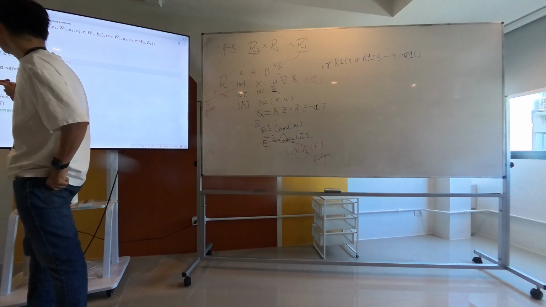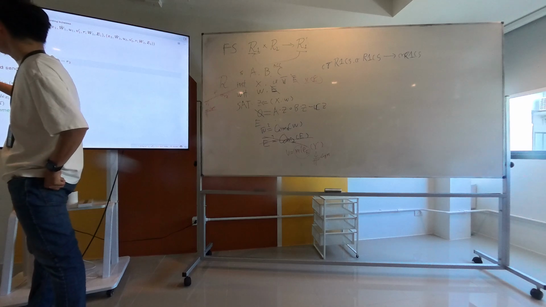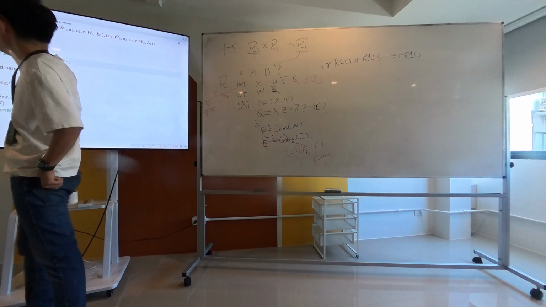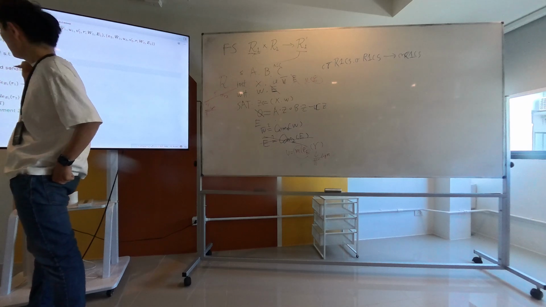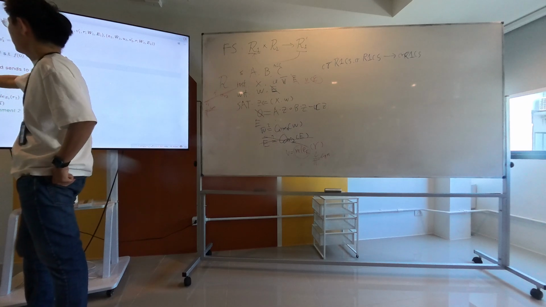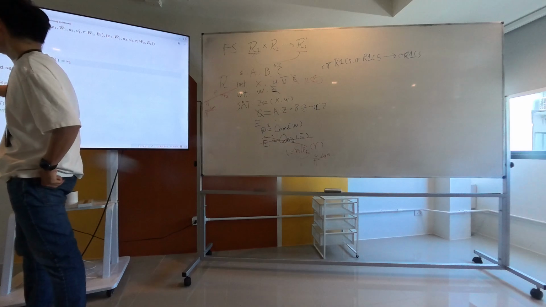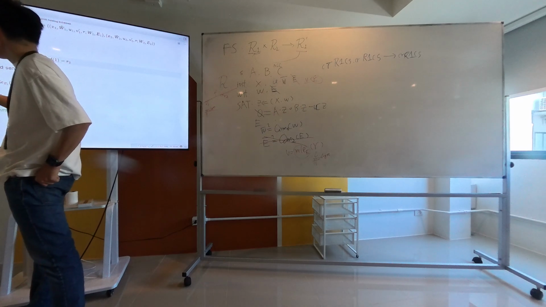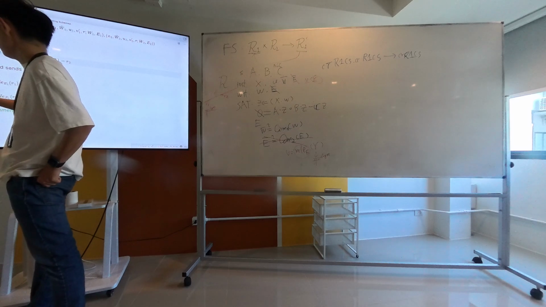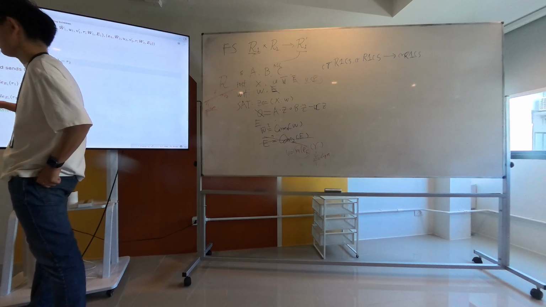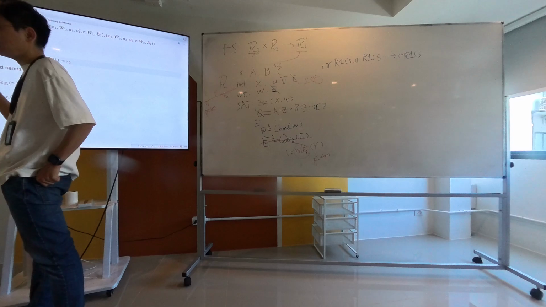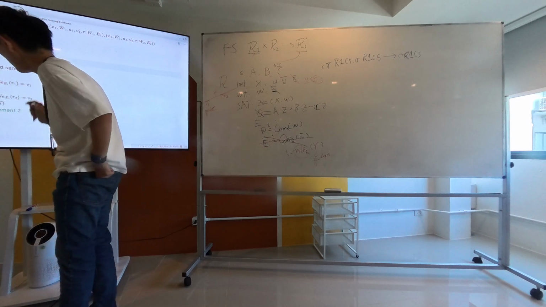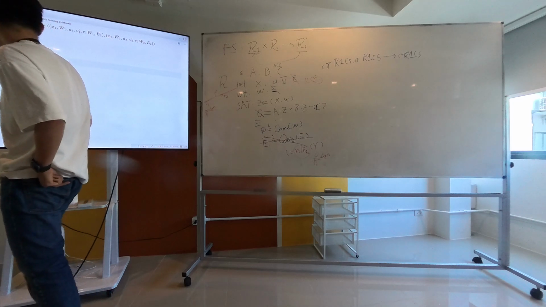If X is 0, H1(0) is V1, which is included in the instance. So this is statement 1, and statement 2 is the same. The verifier needs to check whether both statement 1 and statement 2 are correct in the non-interactive folded scheme verification circuit.